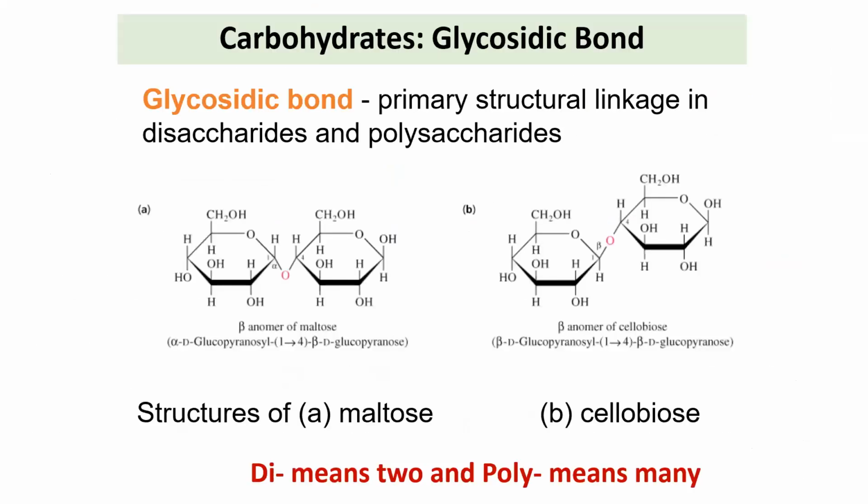Okay, so in this we also talked about how to make disaccharides and polysaccharides. It's important to know that there is something called a glycosidic bond, and that's what this is all about. The glycosidic bond is the one that connects two monomers.